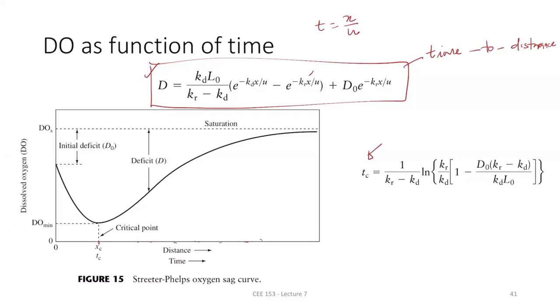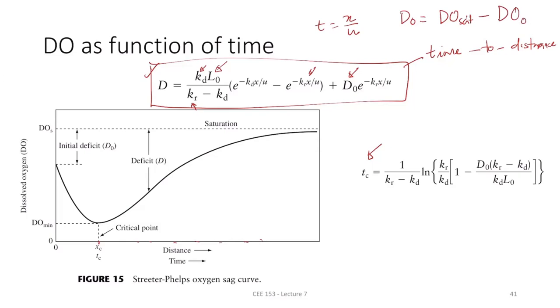If you plug in the x value, everything else is given. This is the BOD, these are the rates, and this is also given: the initial deficit. D0 is DO sat minus the initial DO at that mixing point. So let me write D0.